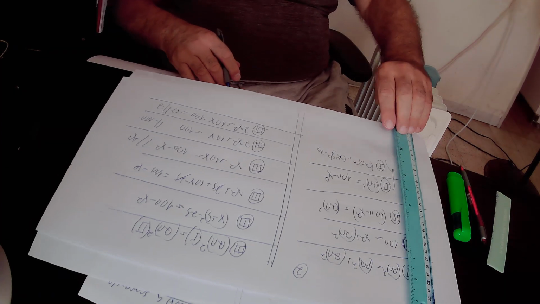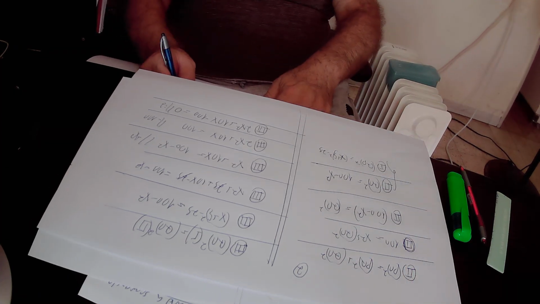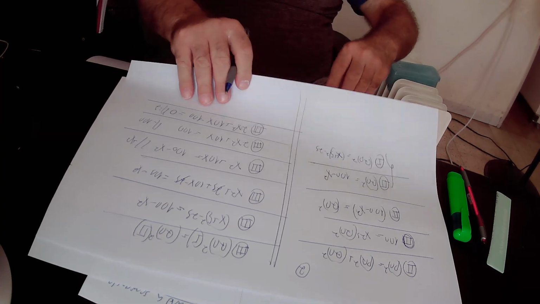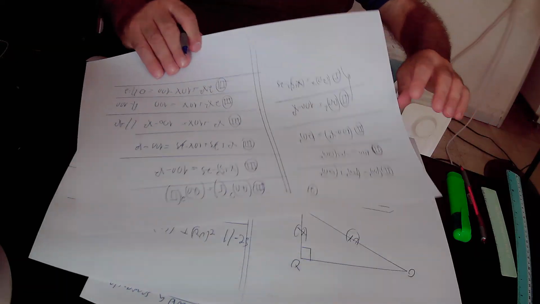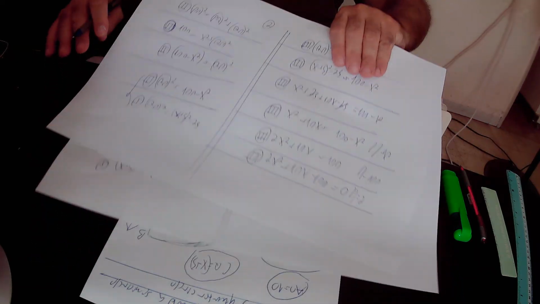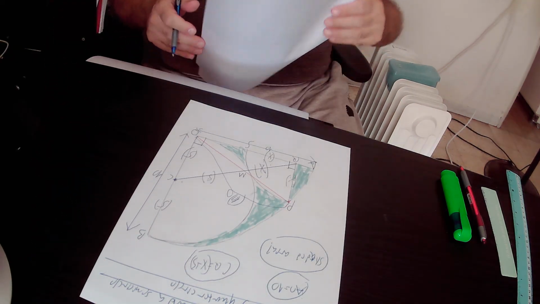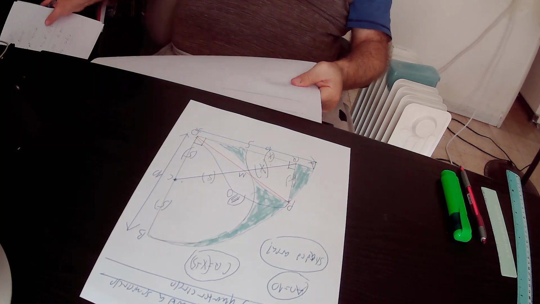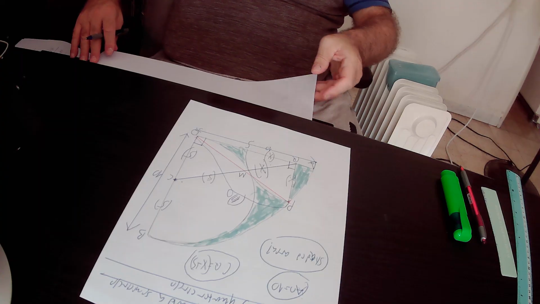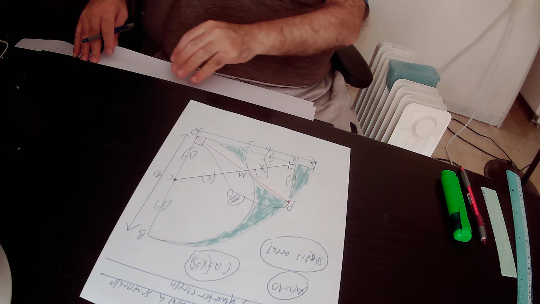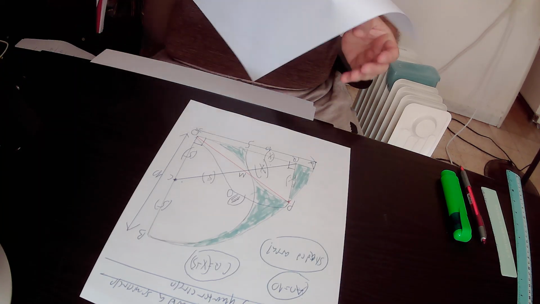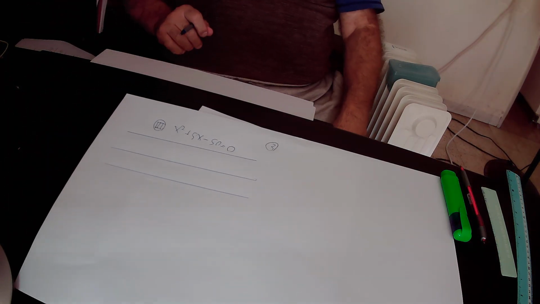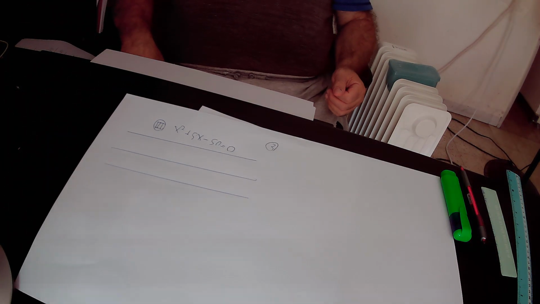So in total, according to equation 3, we found out that x squared plus 5x minus 50 equals 0.